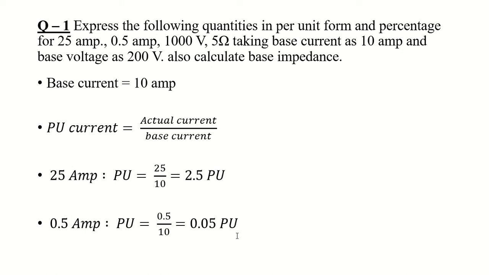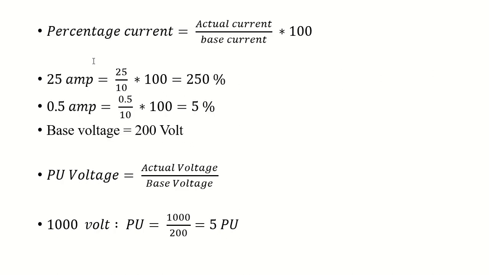Now in order to find the percentage of these per unit quantities for 25 and 0.5 amperes, we simply multiply 2.5 with 100 and 0.05 with 100. Percentage current is equal to actual current divided by base current into 100.